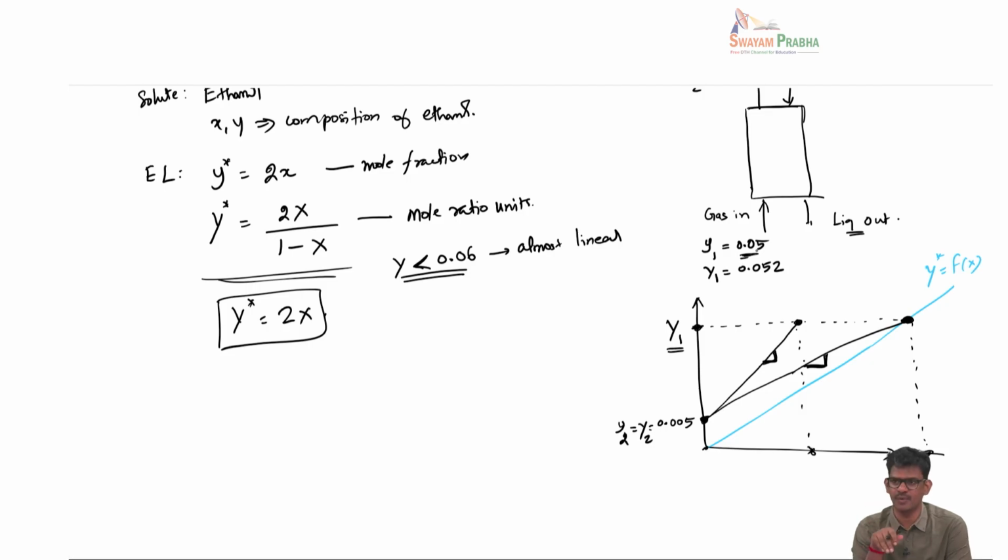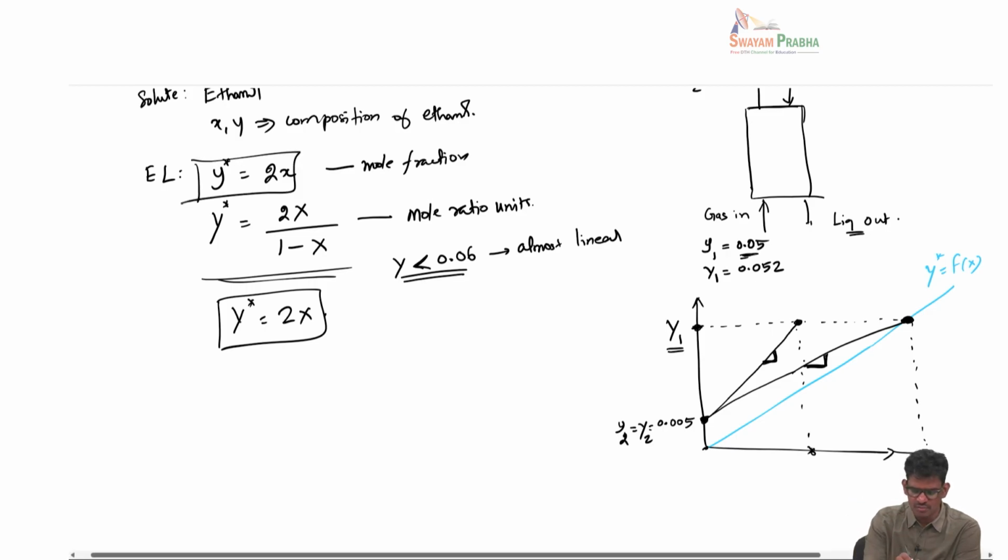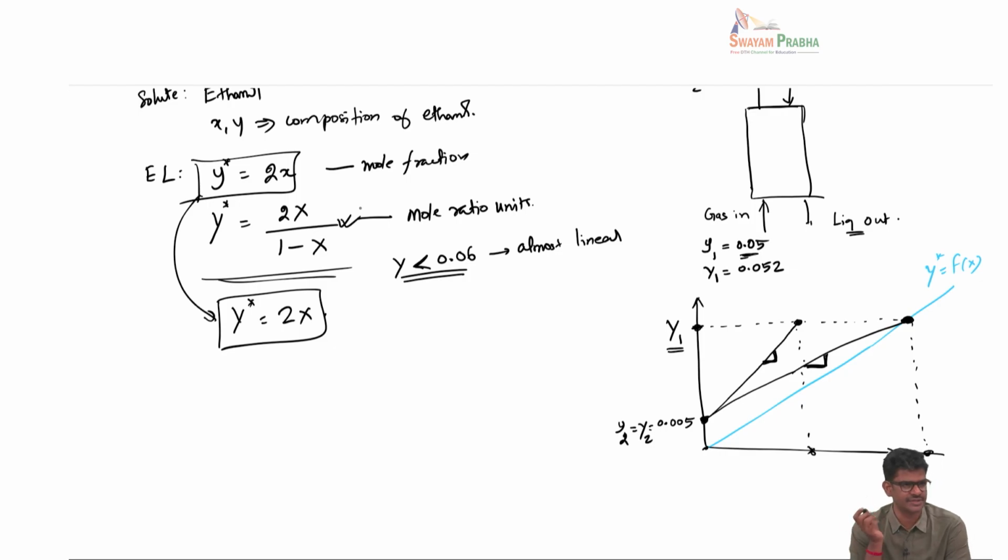For this particular problem, up to 5% or up to 6%, the equilibrium line is a straight line, whether you use mole fraction or mole ratio. So I can simply write this mole fraction as mole ratio. But the actual expression is this. If I go to larger concentrations, something like 15%, 20%, then you have to use this full equation.